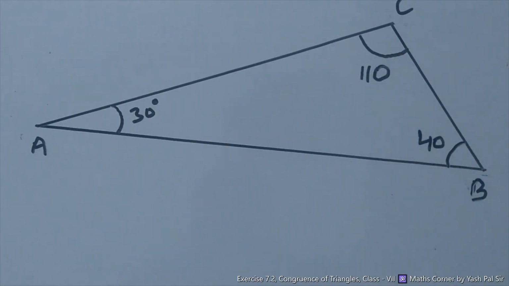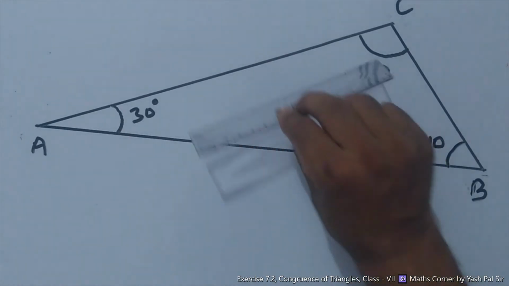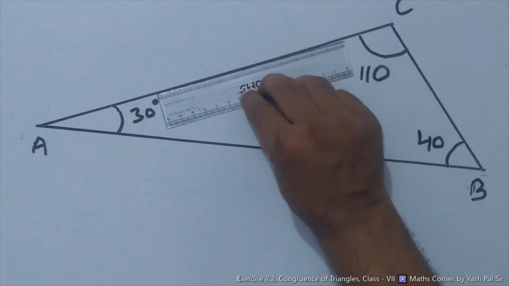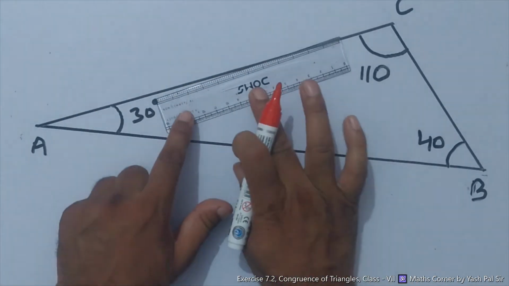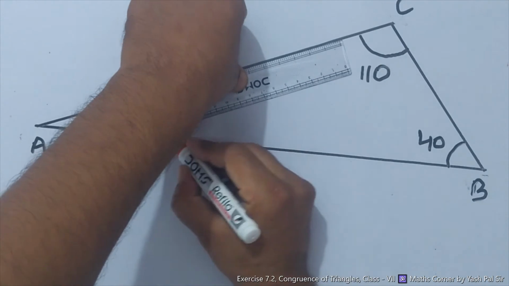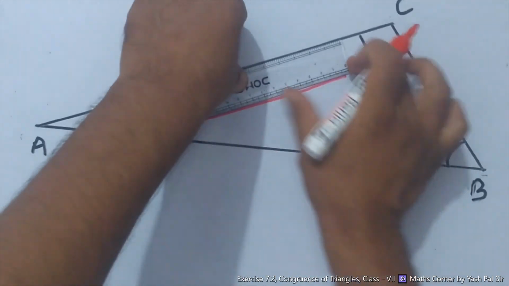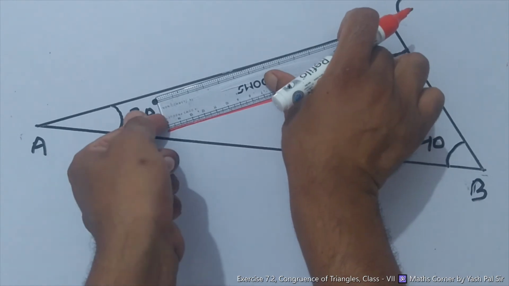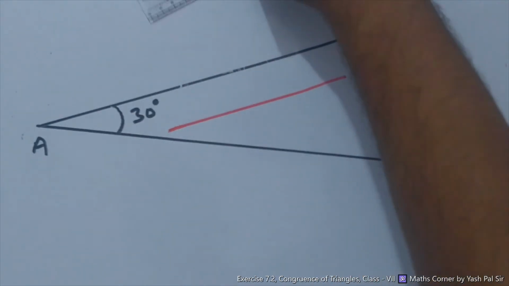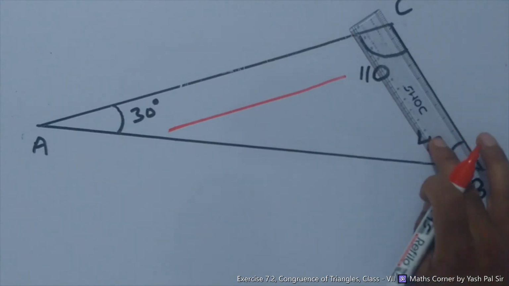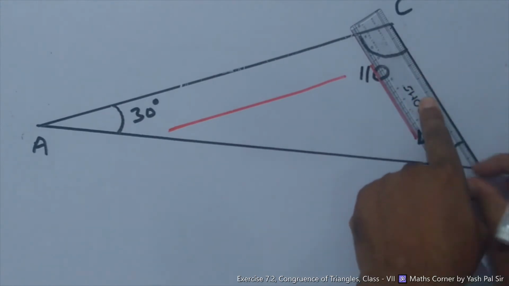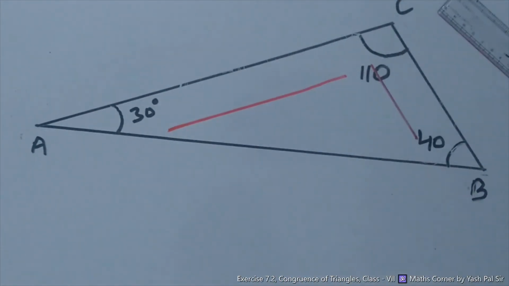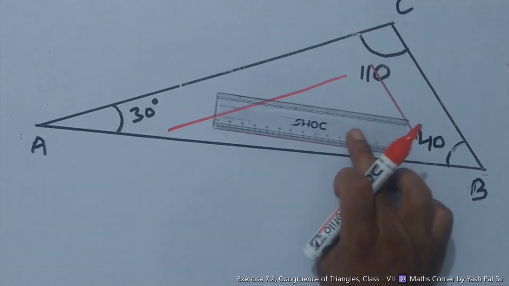Now what we do, we have to construct one similar triangle in between this way. One side, second side is here, and third side is here.